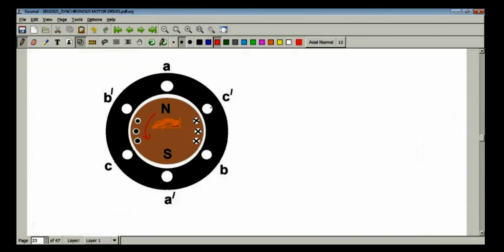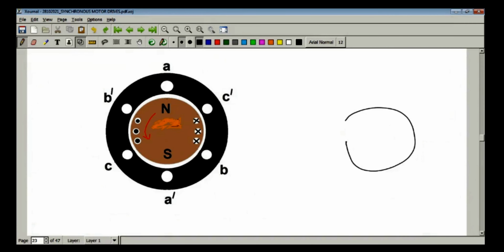So what is the induced EMF polarity in these coils? How to find it? We will draw the rotor. This is just for your explanation.